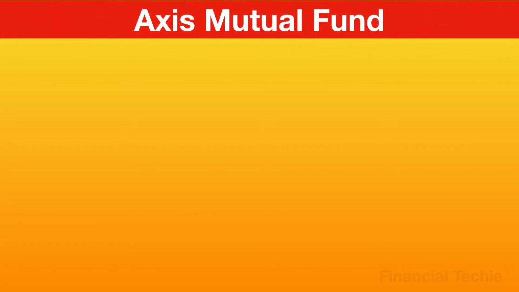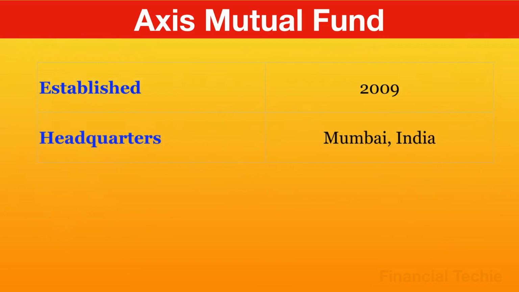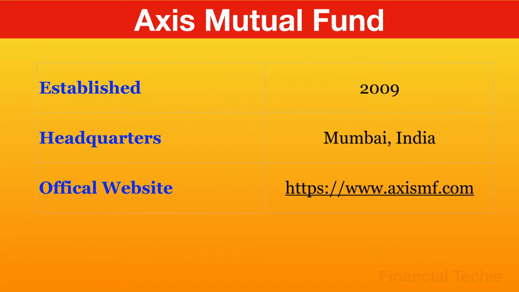Let us understand some basic information about Axis Mutual Fund House. This mutual fund house got established in the year 2009 and its headquarters is located in Mumbai, India. The official website of Axis Mutual Fund House is www.accessmf.com.